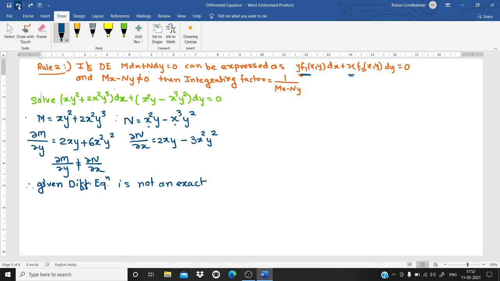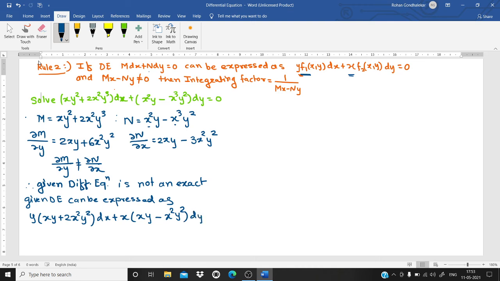So we are able to take y common from M and x common from N. So we write here, the given differential equation can be expressed as: take y common from M, so we get y into (xy plus 2x square y square) dx, and take x common from N, so x into (xy minus x square y square) dy equals 0.